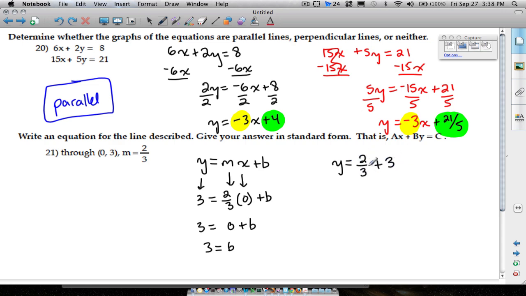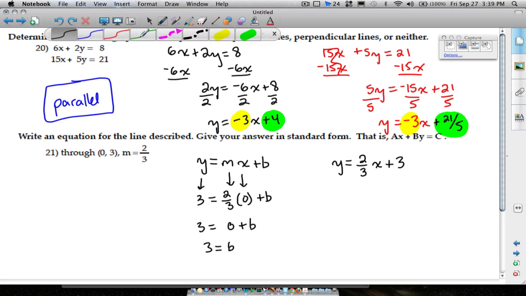I forgot my x. Now here's the thing. If you left it like this, you are not following directions fully. I wouldn't count the whole problem wrong, but notice we do need to give this answer in standard form. So to do that, the a, the b, and the c, we want to get all integers and whole numbers, things like that. We don't want any fractions.